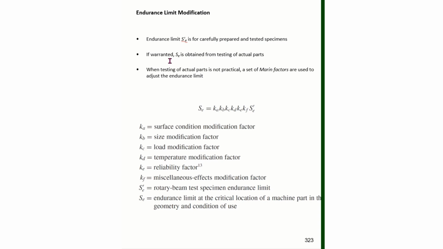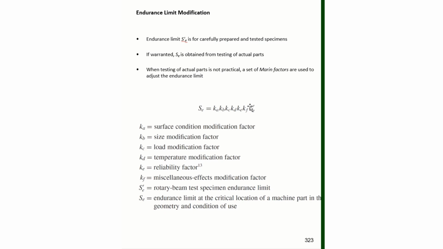We have different loads, we have different materials, different finishes, different load applications. The temperature may be different. And so we need to be able to modify our endurance limit. And so we do that by writing our endurance limit as shown here, where SE is equal to all these modification factors times SE prime.